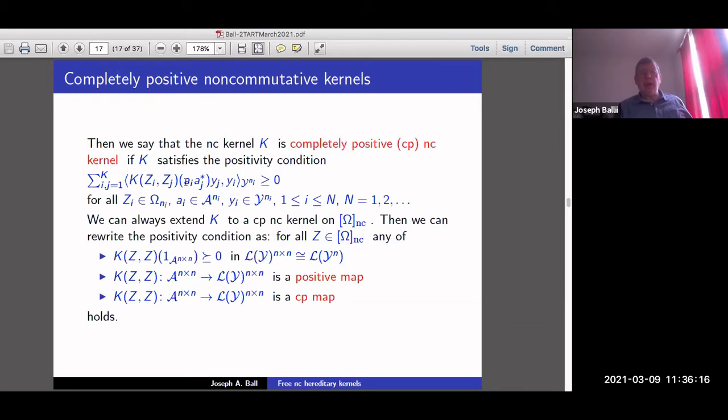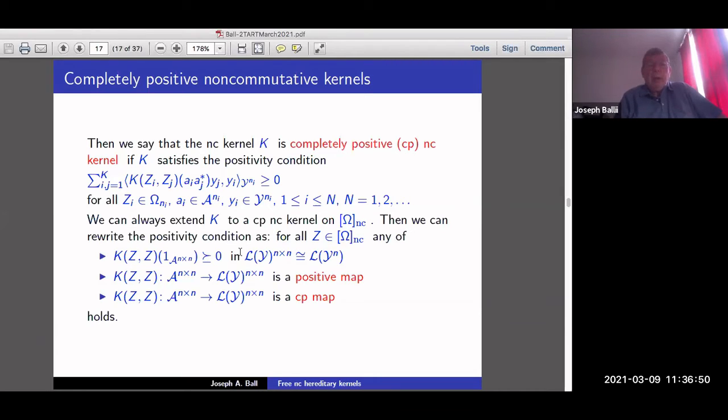So A's are tall, and A_j star is a row. So this A_i A_j star has size n_i by n_j over A, which is the right size for it to make sense when Z_i's level n_i, Z_j's level n_j. And then you hit it on vectors of the right size, and this whole thing should be non-negative.